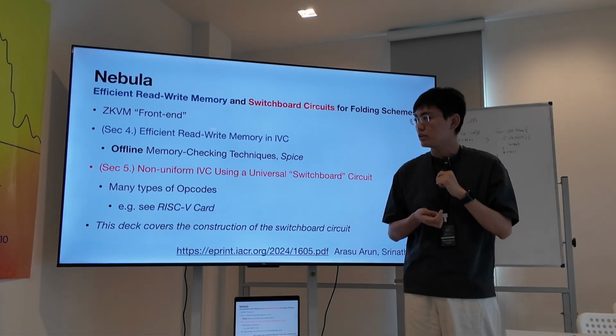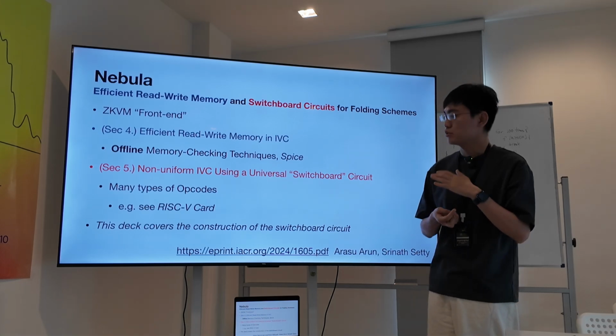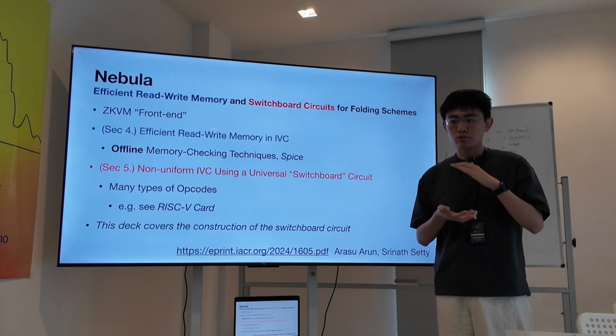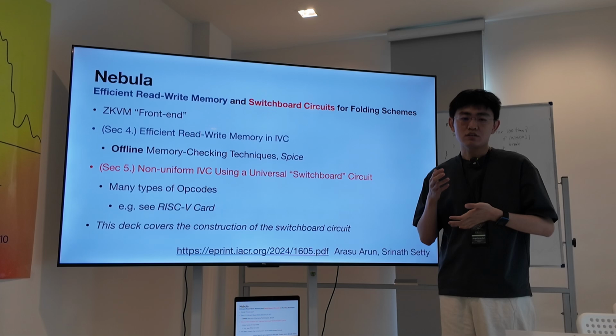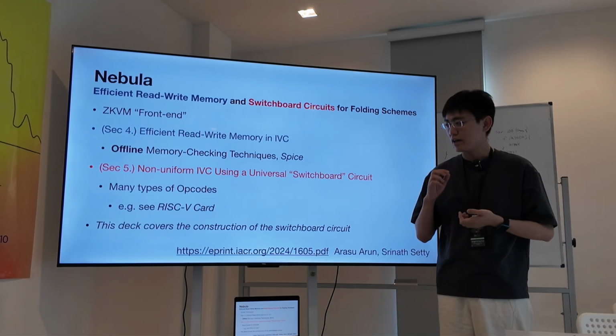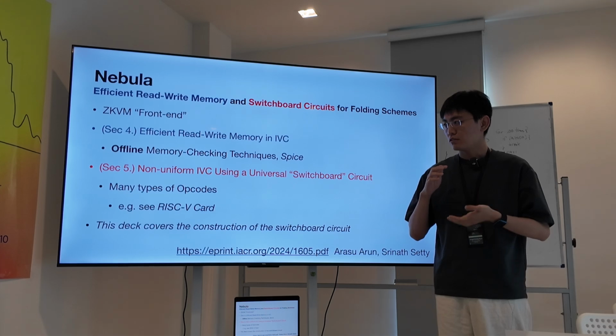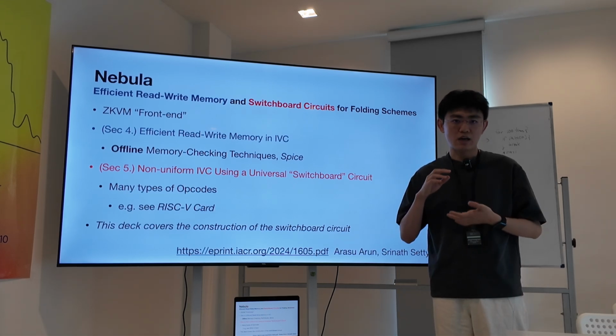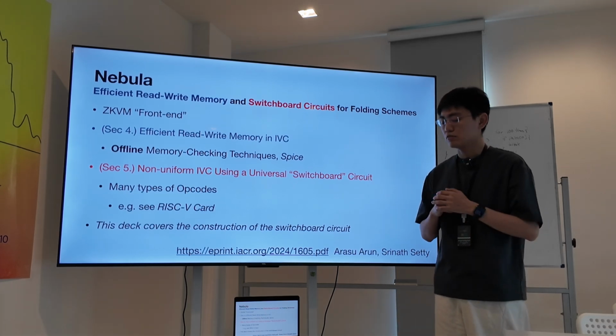In the folding scheme, the prover and the verifier, especially the prover, only pay for those opcodes which are actually called, instead of all the opcodes.